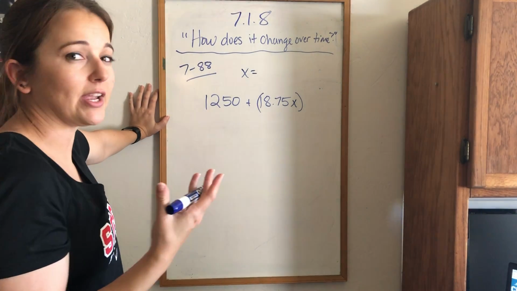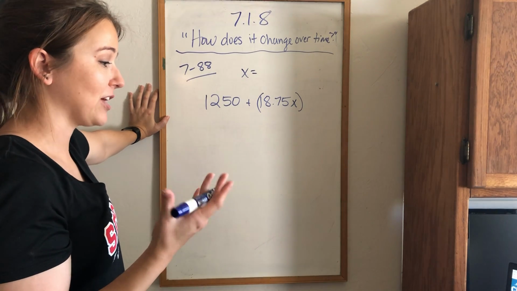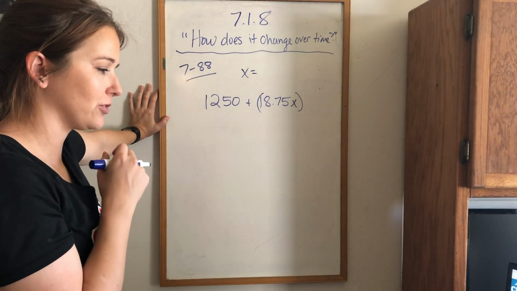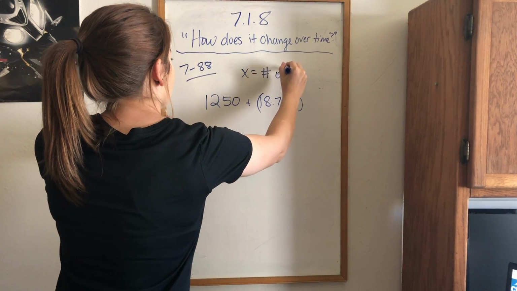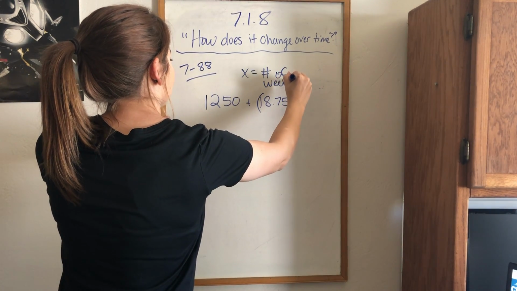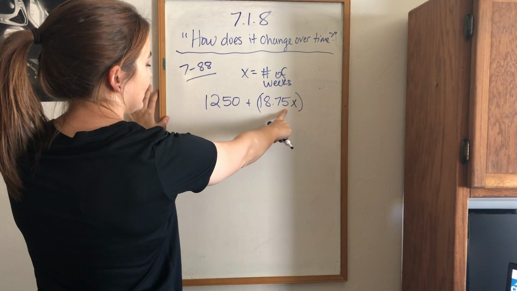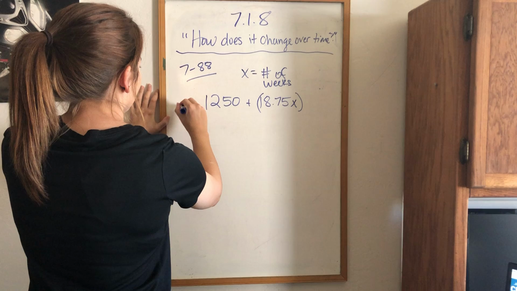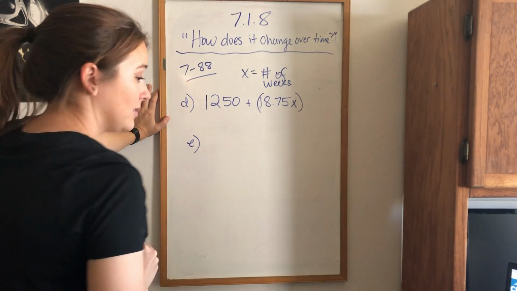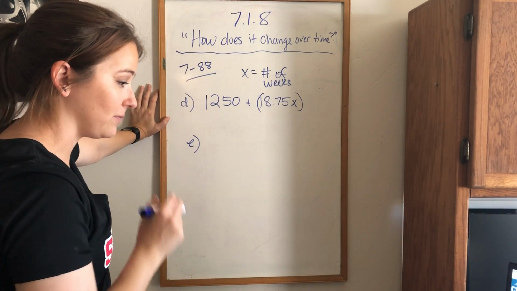So it's getting us to write an algebraic expression or equation. This is an expression with no equal sign, but now, x is the number of weeks, and when it's right next to 1875, it just means it's multiplying 1875. So that's part D. Part E actually wants us to use this equation.